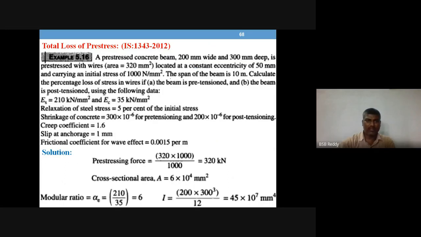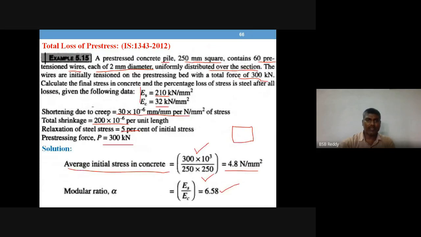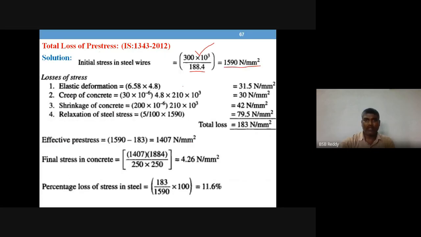The cross-sectional area is of 2 mm diameter wires, there are 60 in number, so total area will come to 188.4. So 1590 is the stress in steel.